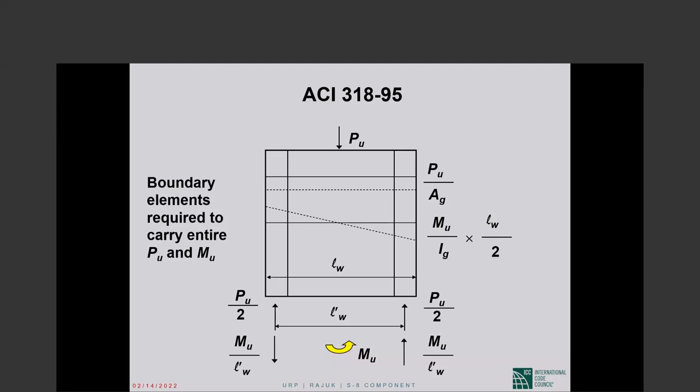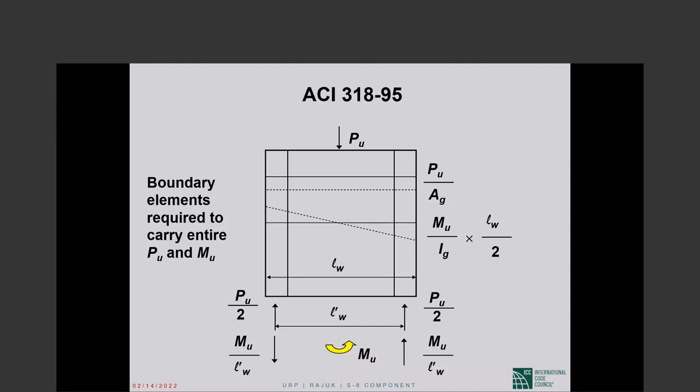Unfortunately, because of last minute changes we made, there was at least one major flaw that crept into the 94 UBC procedure. We fixed it in 1997 UBC. The 1997 UBC shear wall design procedure was a huge improvement over what we had in 318-95.